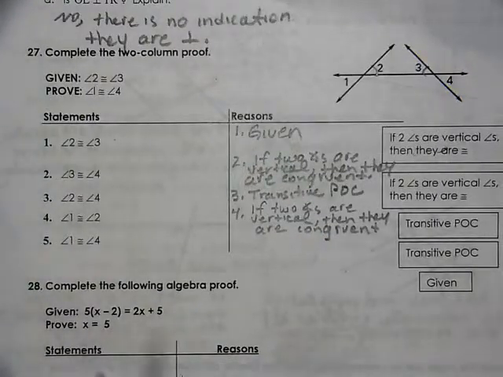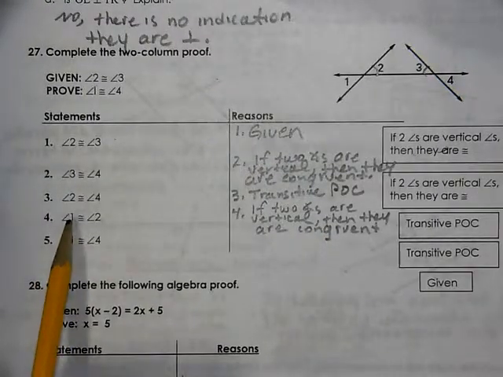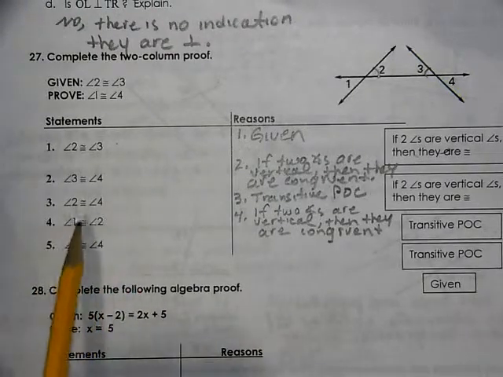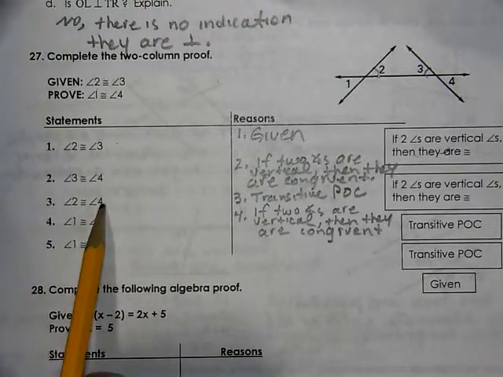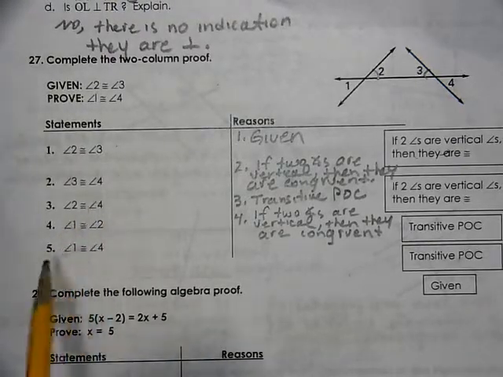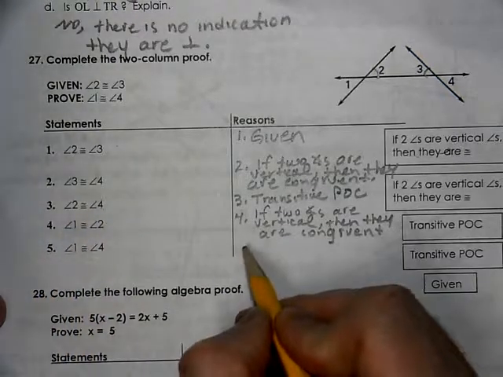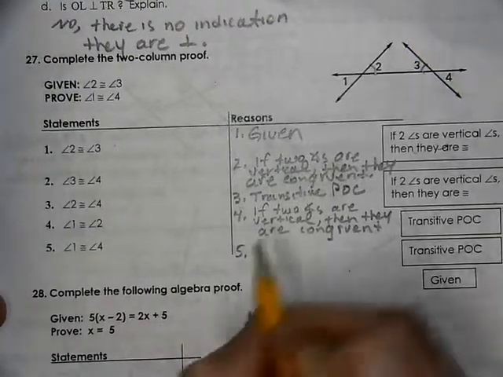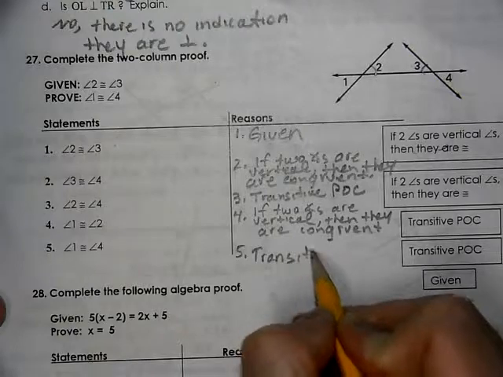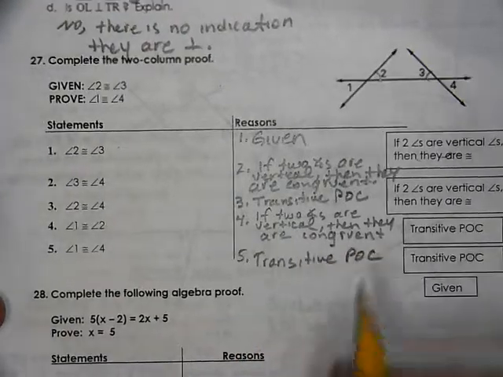So now, since 1 is congruent to 2, and since 2 is congruent to 4, and 2 is congruent to 1, 1 and 4 are congruent to each other. That's the transitive property of congruence.